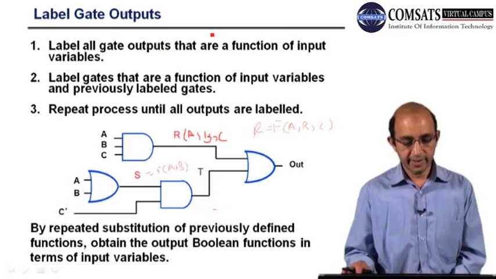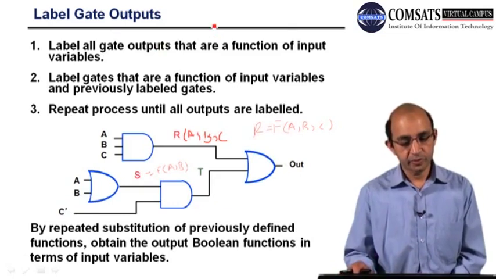Then we have to label gates that are a function of input variables and previously labeled gates. So on the second step, we label gates that are a function of input variables, and then we repeat the process until we reach the output.